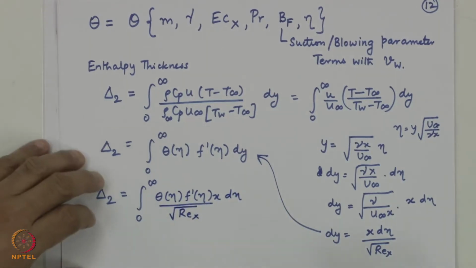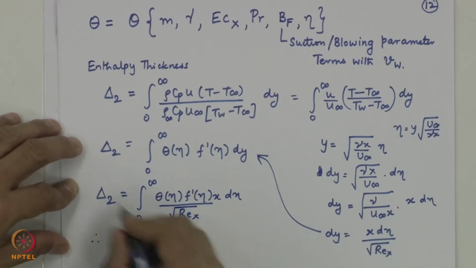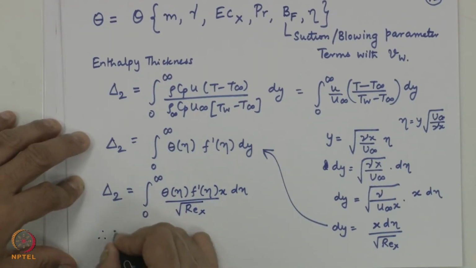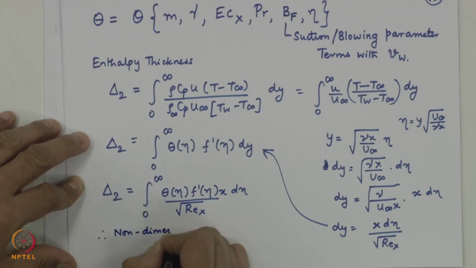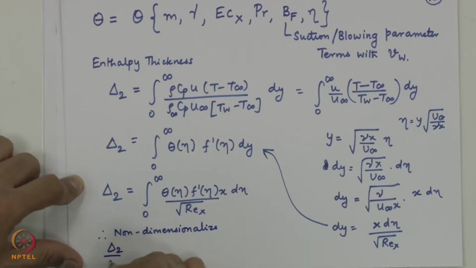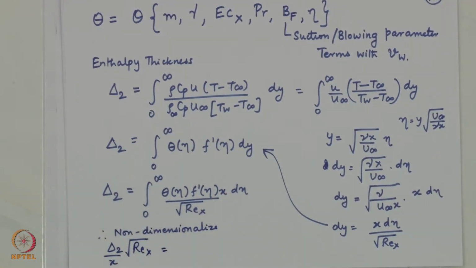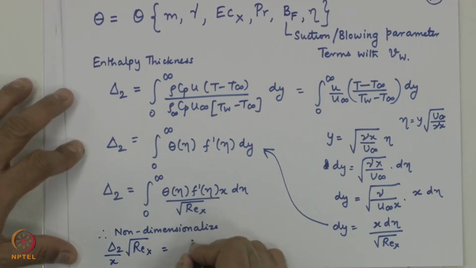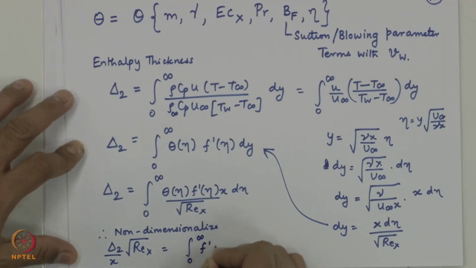Therefore, if I move these things to the other side, the non-dimensionalization of the enthalpy thickness, delta 2 over x times square root of rex, is nothing but the integral from 0 to infinity of f prime theta d eta.